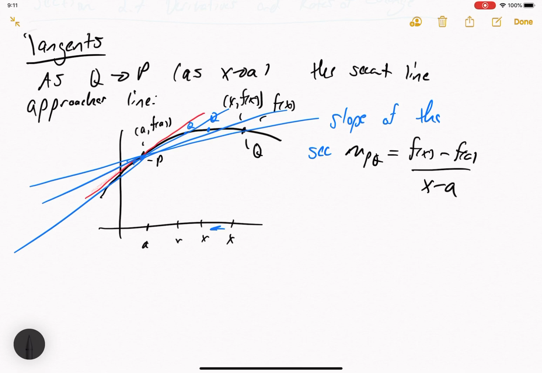And basically what this construction says is that as Q goes to P, m_PQ goes to m, where m is the slope of the tangent line. In logic we say p implies q, so I'm used to saying p implies q, not q goes to p.